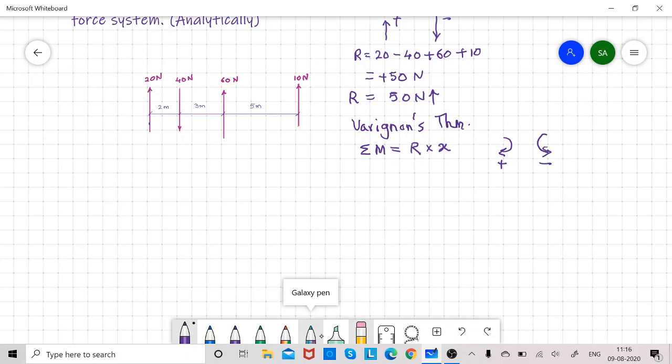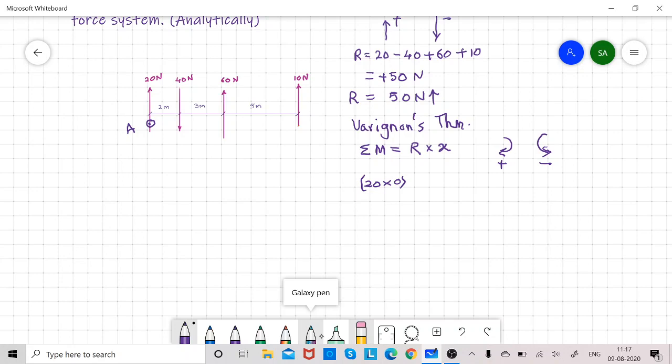I will consider point A itself on the first force, that is the 20 Newton force, and I will take moments of all the forces about that point, make the algebraic sum, and equate it to the moment of the resultant about the same point, point A. So to start with, 20 into 0, as 20 passes through A, the distance is 0.